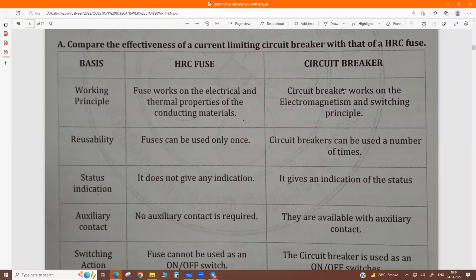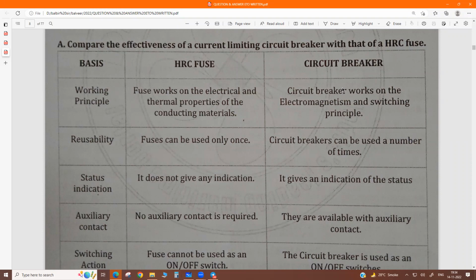The fuse senses high current. Basically, this fuse provides short circuit current protection, not overload, only short circuit. But the circuit breaker provides short circuit, earth fault, and overload protection also. And the operating principle of the fuse is Joule's heating principle; it depends on I squared R t.